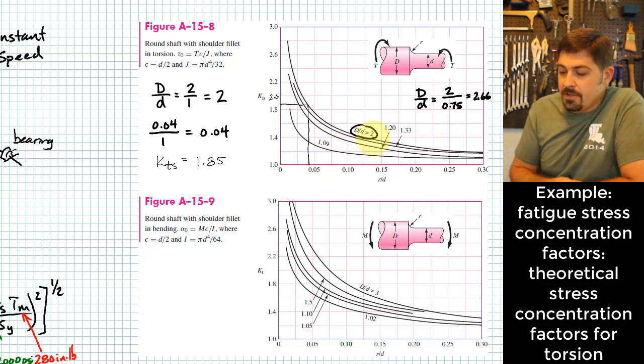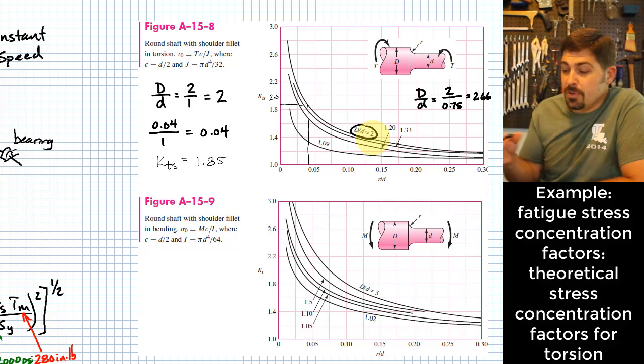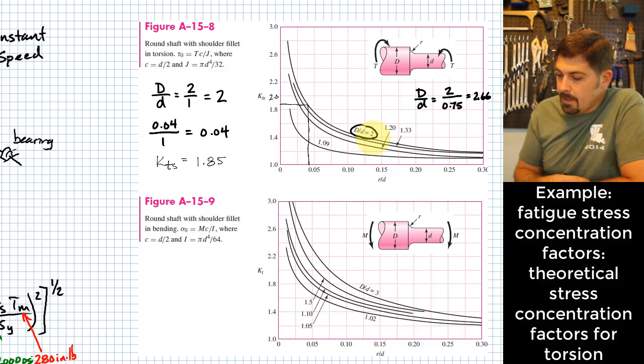If you end up outside of the chart, just pretend like you're on the outer limits of the chart and use that as an estimate. And if later on you want to doubt your results a little bit because you knew you did that along the way, that would be completely fine. But this is a good way to deal with it.